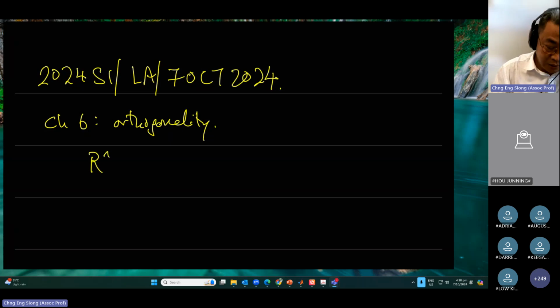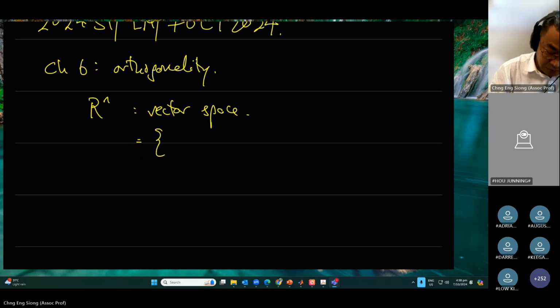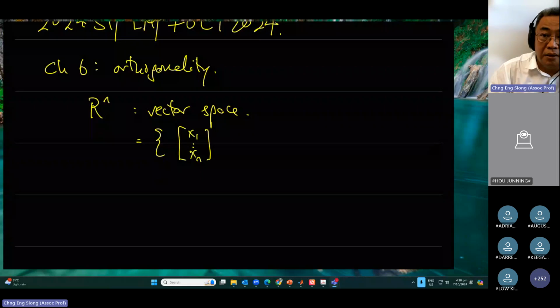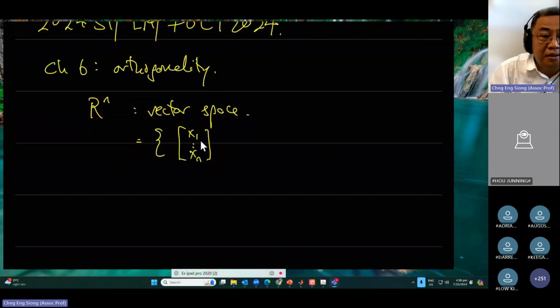And we are in this vector space Rn. And if you remember what is vector space, it is actually this thing. And you think that this is a vector, okay? You know, this is a column vector with n elements in it.